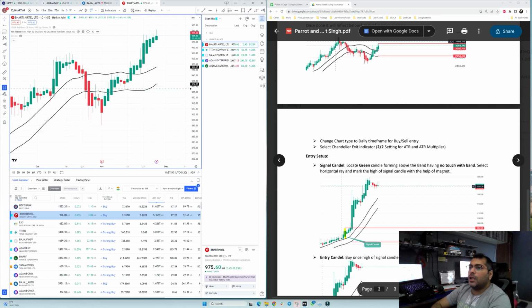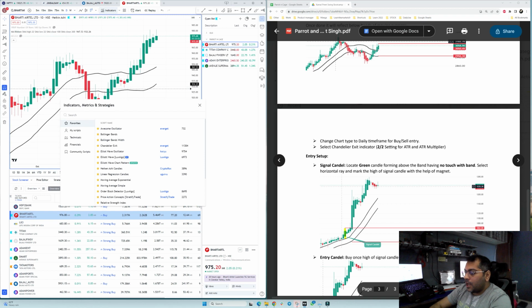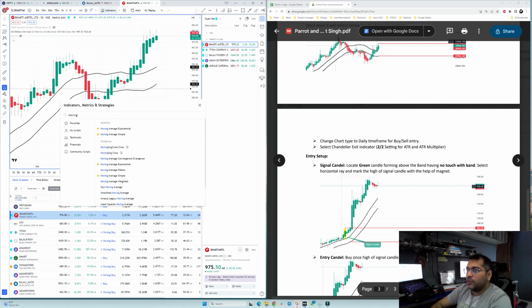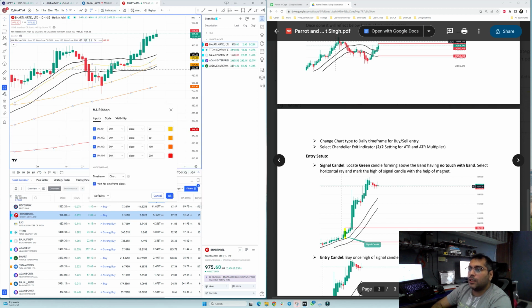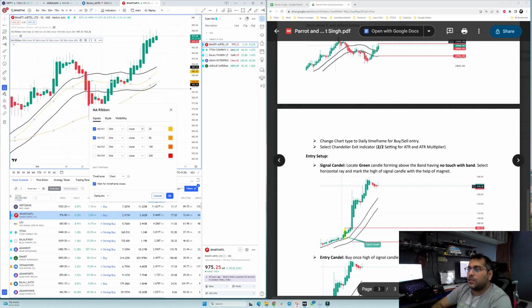Okay, so now we have to select this ribbon. What we need to do is we will go to indicators and we will search for moving average ribbon. This one. Just click on it. In the settings, deselect two of them. Now this is our first moving average.